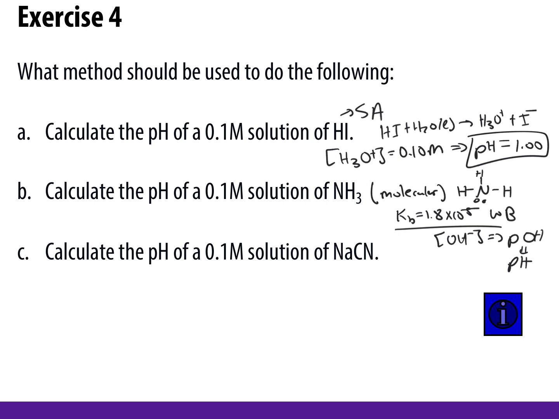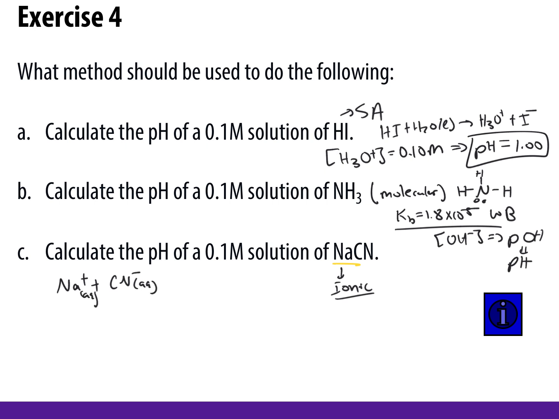Next, for a 0.1 molar solution of NaCN, when you look at NaCN, the first thing that should pop out at you is the presence of that sodium ion. So Na is a metal. That means that in this part of the class, we definitely have an ionic compound, which means we need to dissociate it into its ions first. Na is in group 1, so that's going to be an Na+ ion plus a CN- anion.